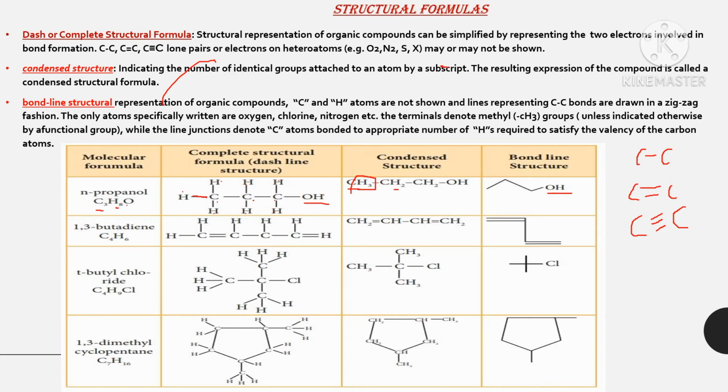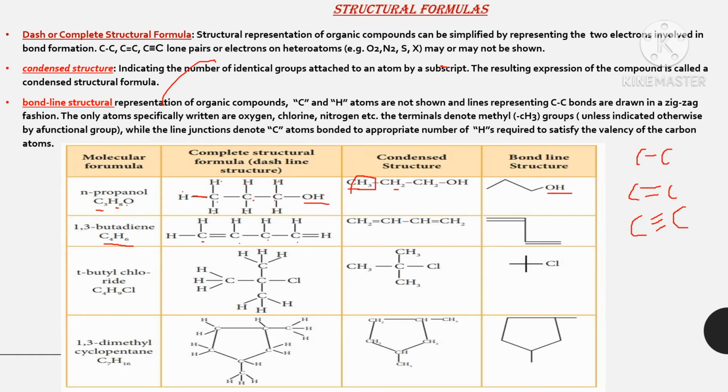So the second example, see the second example, 1,3-butadiene. The formula is C4H6, meaning the number of carbons is 4. So here carbon 1, 2, 3, 4, 4 carbons are there, and remember that carbon forms 4 bonds with other atoms or identical atoms.